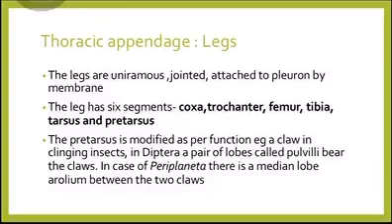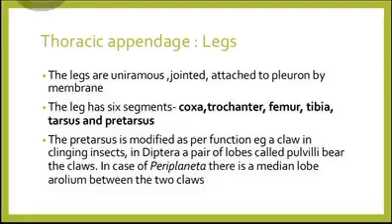The legs have 6 segments: coxa, trochanter, femur, tibia, tarsus, and pretarsus. The tarsus can be made up of a number of tarsomeres, from 1 to 5. The pretarsus can be modified according to the habit of the insect.